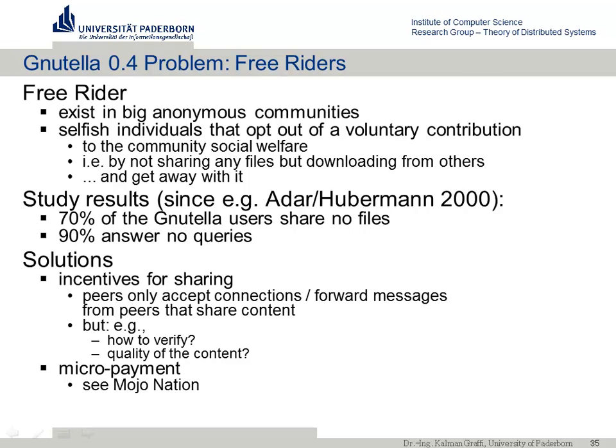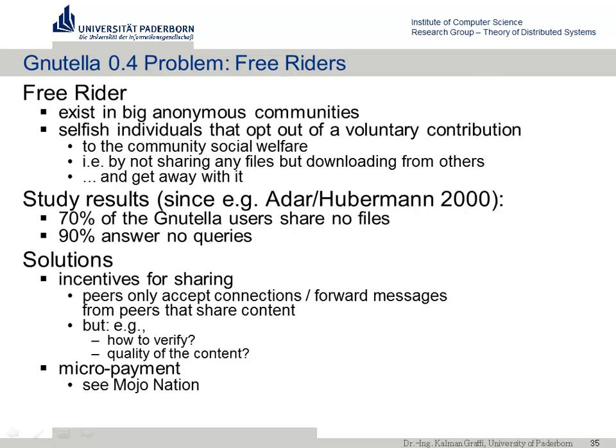So only accept connections from peers that are sharing. But how do you find that out? And even if they are uploading, do you know what they are uploading? Are they uploading some fake files, or are they really uploading useful files?